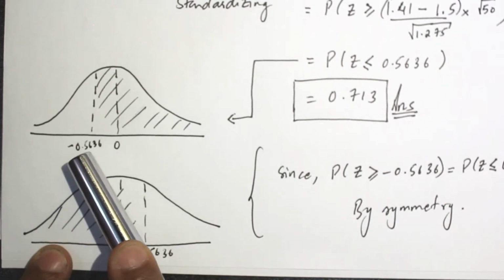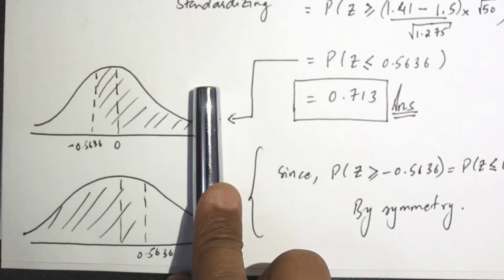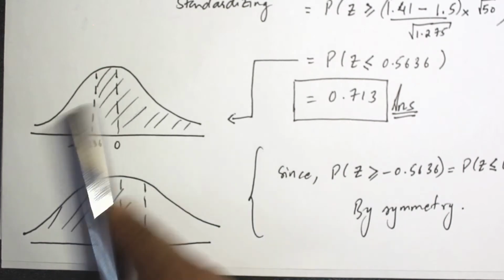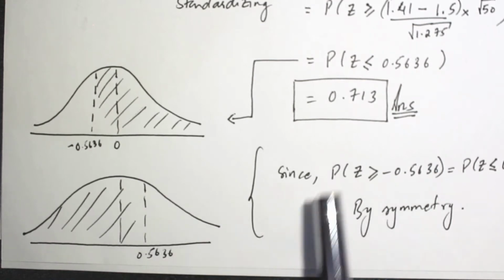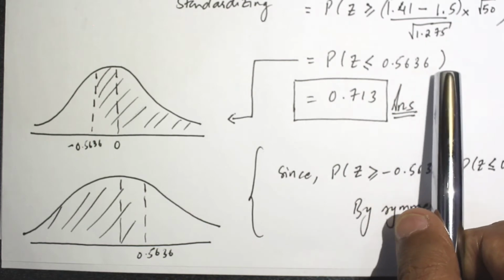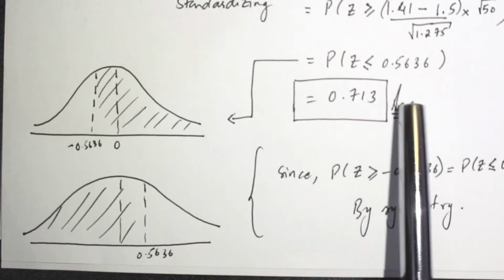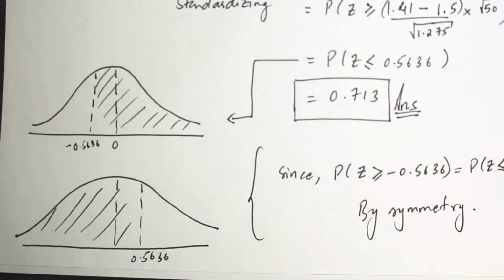So this is minus 0.5636. So you're finding this area here. But by symmetry, you know that if I take this term this side here and find the less than area, this is also equal to this. Now this only happens for the normal distribution, as normal distribution is symmetric. So P(Z) is less than 0.5636, so we looked at the table, normal distribution table, and then we have 0.713 as the answer.